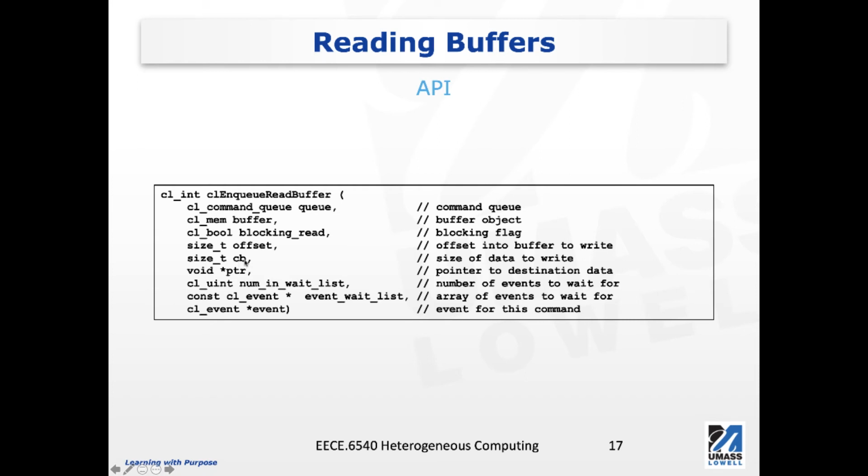Also the size of the data to be copied, and then the pointer to the destination. So this is a pointer to the host side memory. And again, the last three arguments are for the events, specifying whether this API call needs to wait for any events or generate any event.